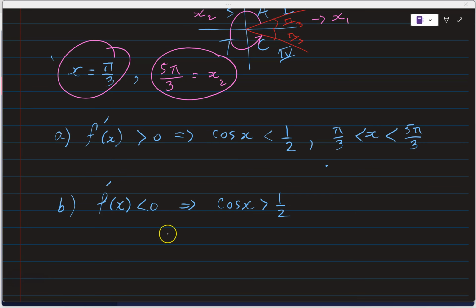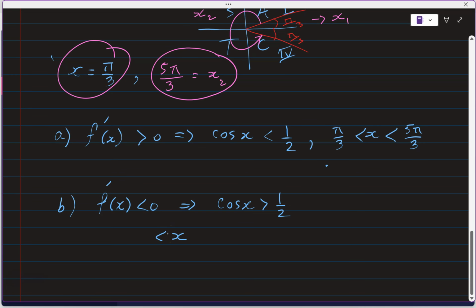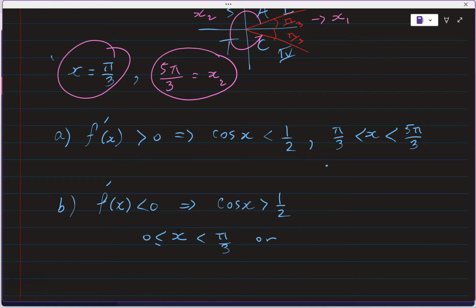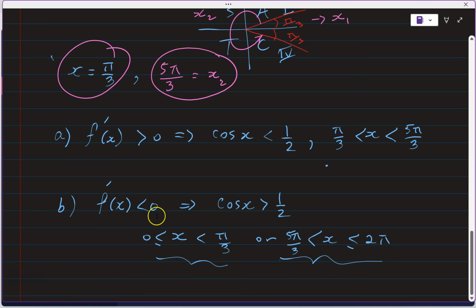One is all values from 0 to pi over 3, not inclusive of pi over 3, or you have x greater than 5 pi over 3 and less than or equal to 2 pi. So that's the interval in which cos of x is greater than 1/2, and that is when the derivative is less than 0.